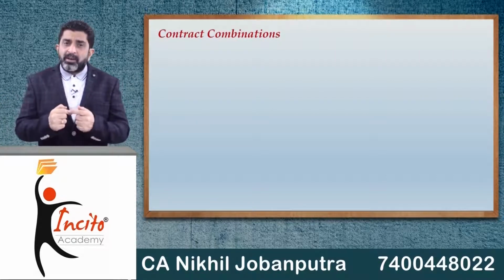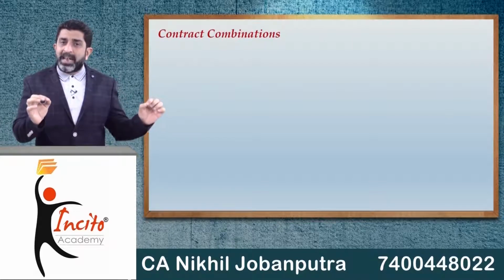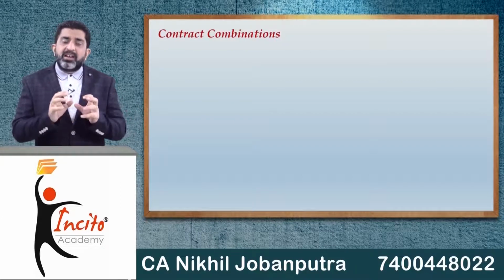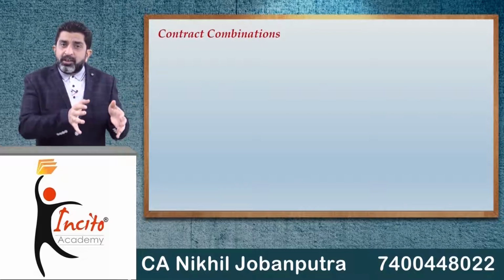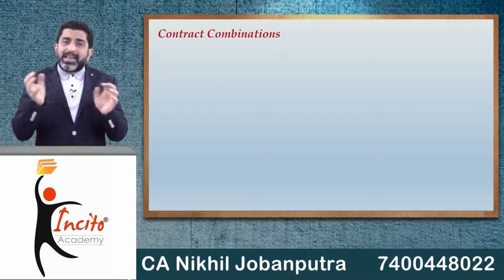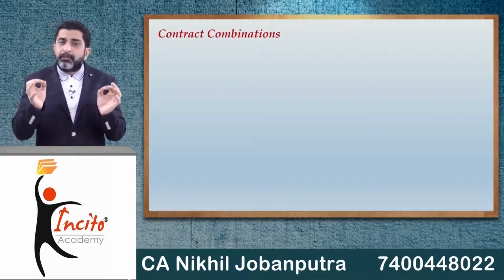If you remember the example of the cinema hall that I discussed some time back, now if I reverse the situation, you have taken a contract to use a cinema hall building, another contract to use cinema hall equipment, and yet another contract to use cinema hall furniture.